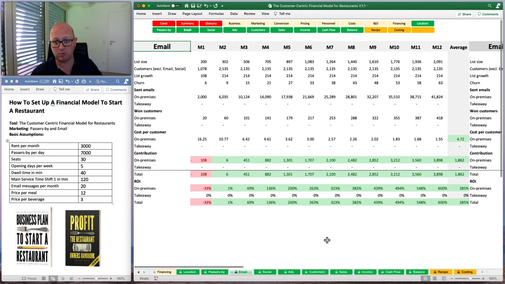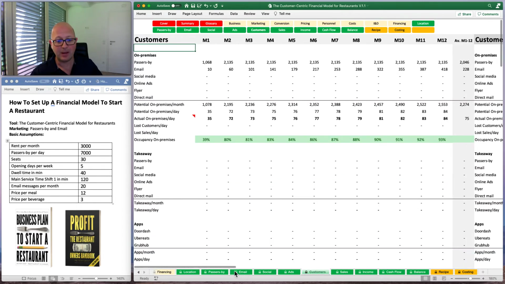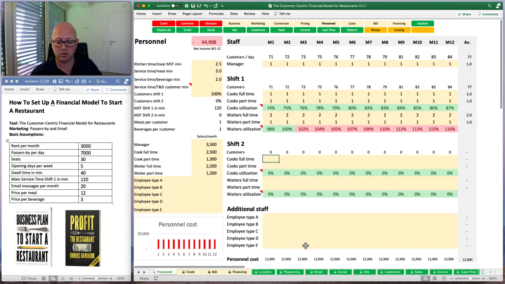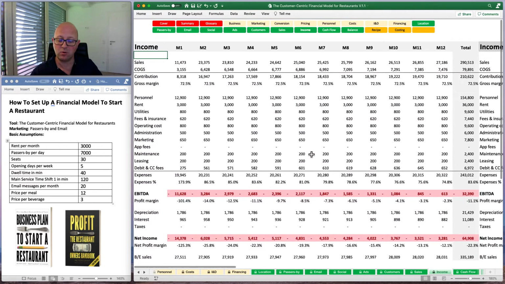But that's not the only reason for this example yet, because we didn't have already put in our personnel, which is a huge cost position for the years 2 and 3. Okay, let's come back to income here. So at the moment our system shows a loss.